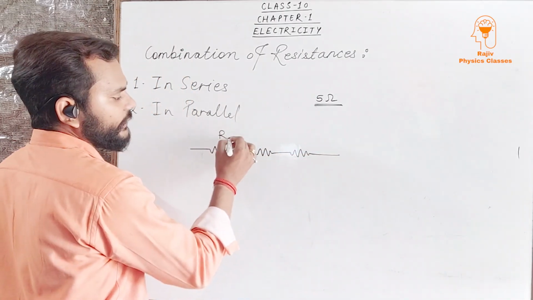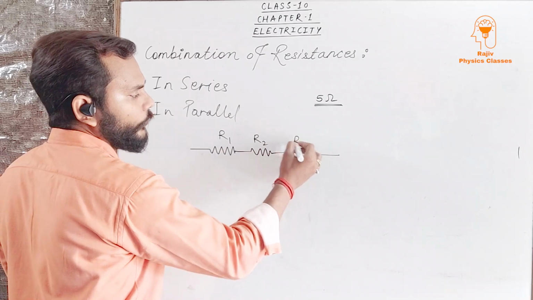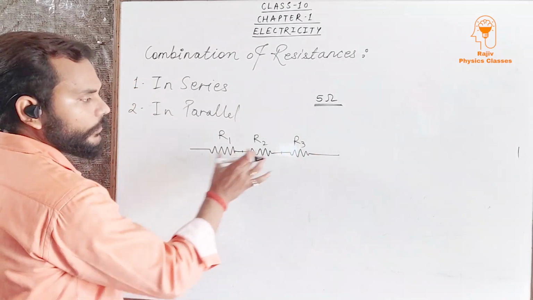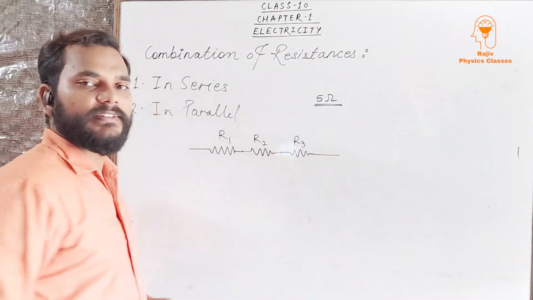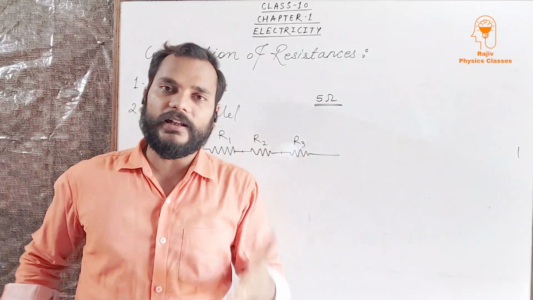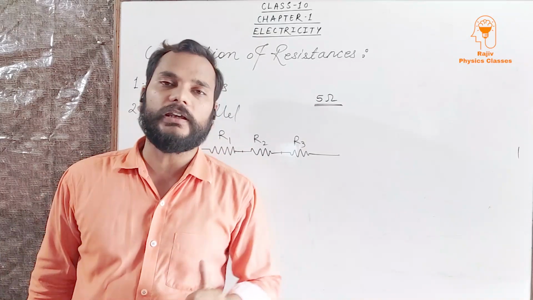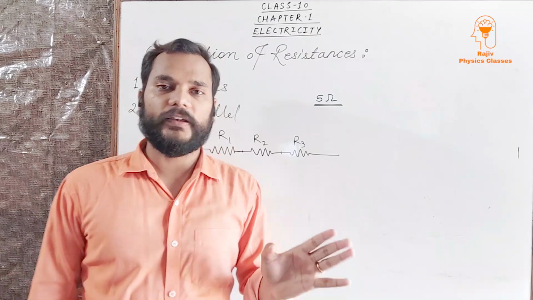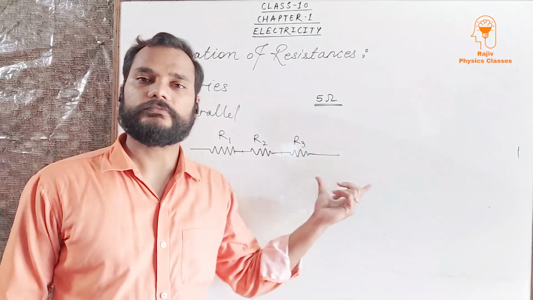Here I have three resistances, R1, R2 and R3, and we can see I have connected 1, 2 and 3 resistances in series. That means when the resistances are connected end to end consecutively, then they are said to be connected in series.